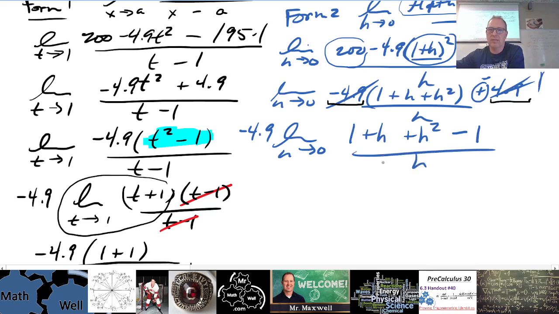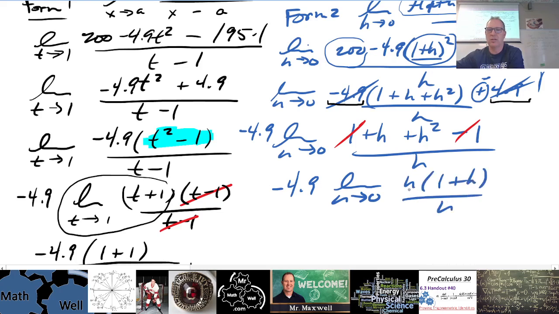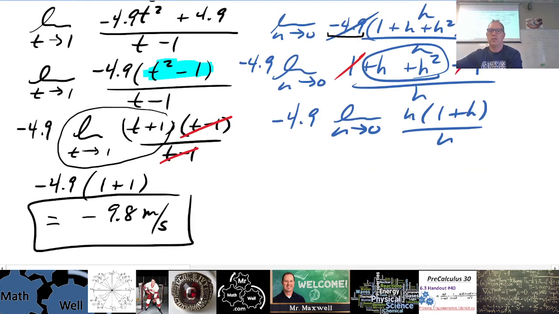That's great, because this is working out really nicely: the 1 and the negative 1 are gone. Now I have only terms with h in them above, so that's perfect, because I can factor an h out. Took an h out of these two terms, so those h's are gone.